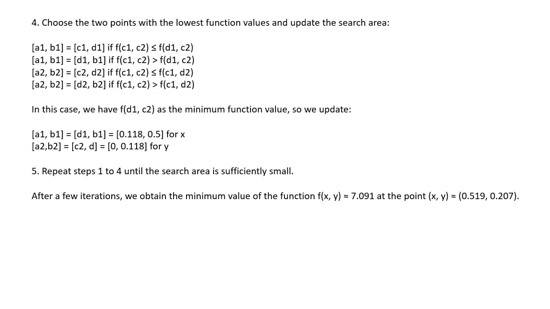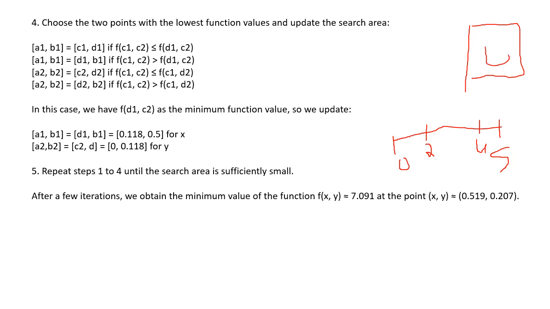These are the 4 points, and I have got these values. Then we choose 2 points with lowest function values and update the search area. So as you can see, in single variable, if you take a line, it converges. Earlier, it converged from 0 to 5 to 2 to 4. Now, for two variables, it has converged from a big area to a smaller area.